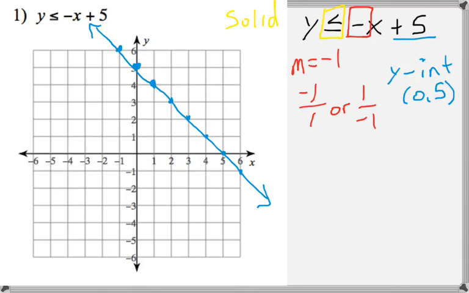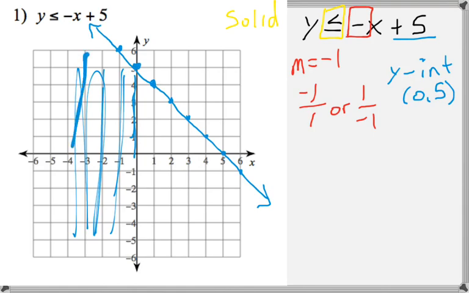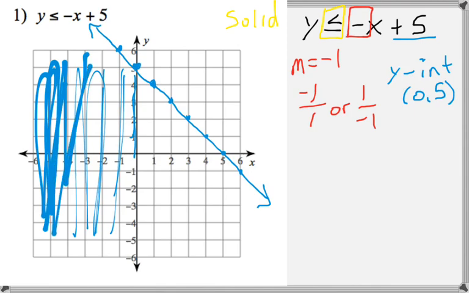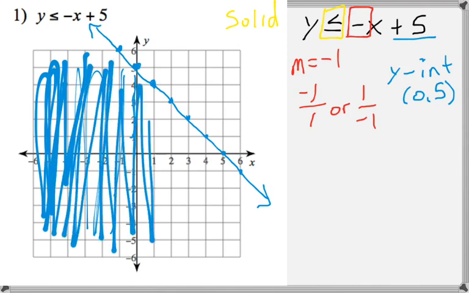Now we have to figure out what side we are going to shade. Our inequality says y is less than. If my y value is right here at a 5, which values are less than on the y-axis? That would be everything down here. So we want to shade all of this part of the graph below that line.